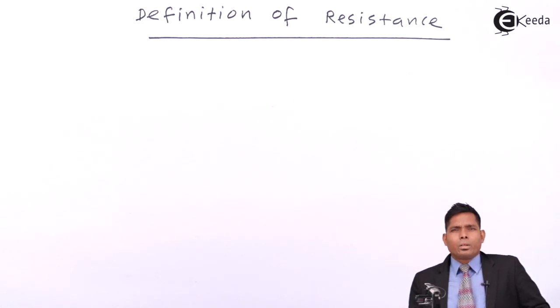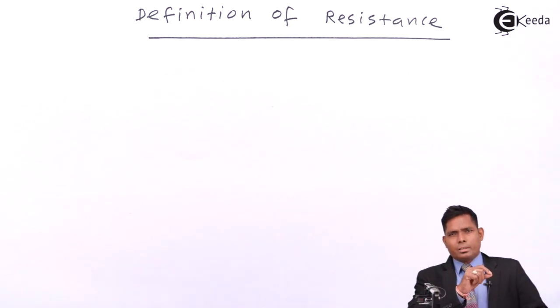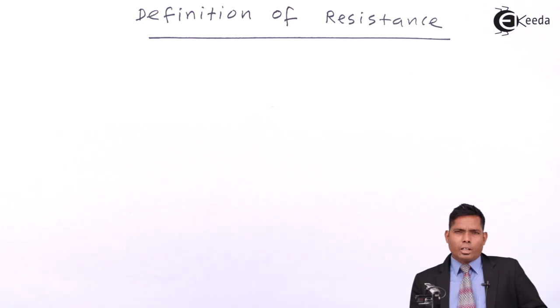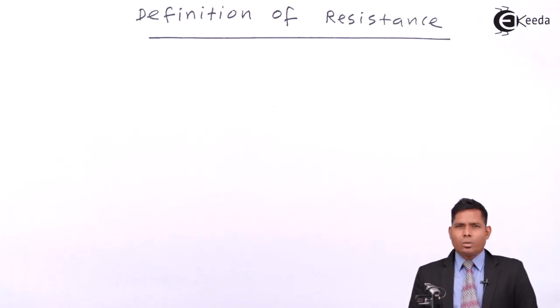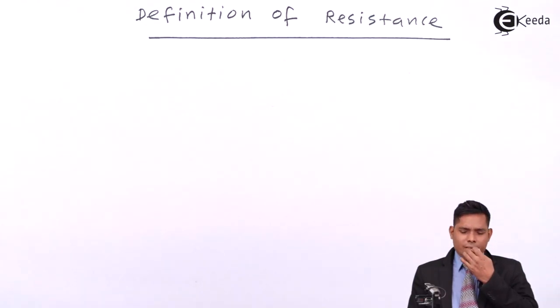So that opposition to the flow of charge from one end of the conductor to another end of the conductor, that opposition, that obstruction is called resistance. That means when any charge moves through a conductor, the conductor opposes the flow of charge. That opposition to the flow of charge inside the conductor is called resistance of the conductor.